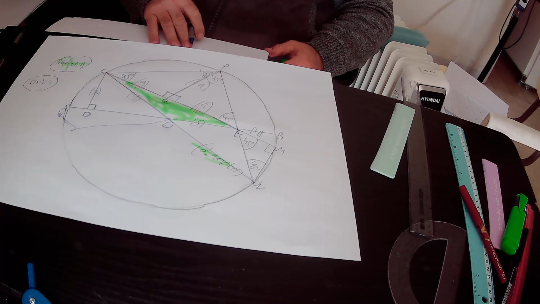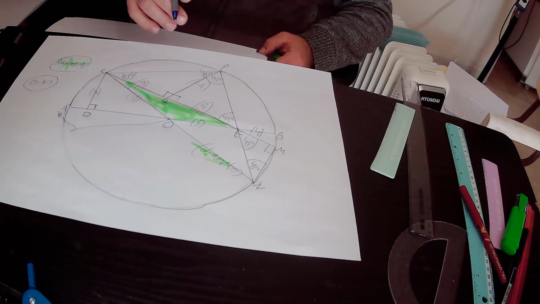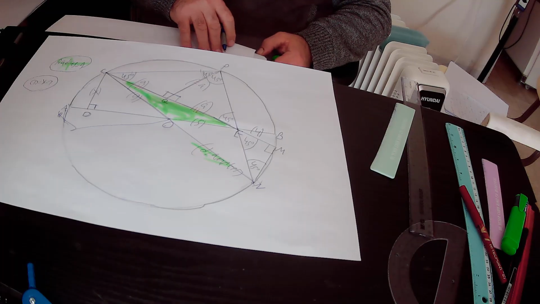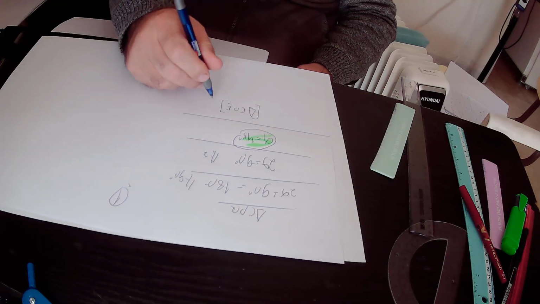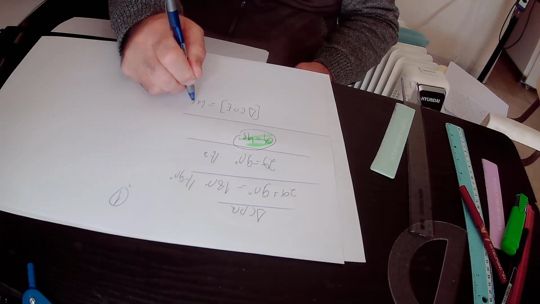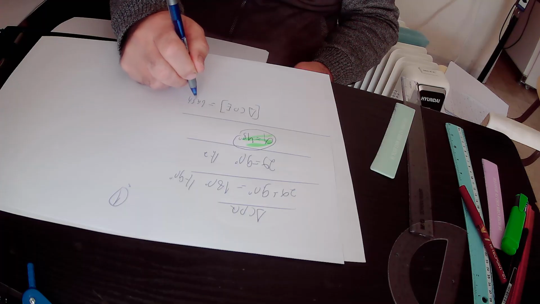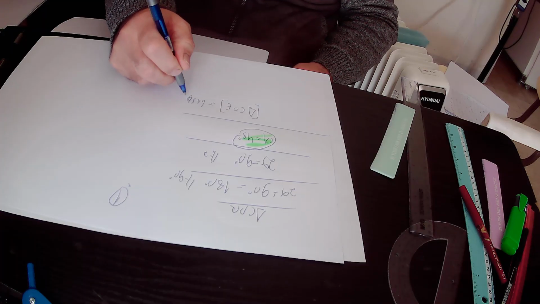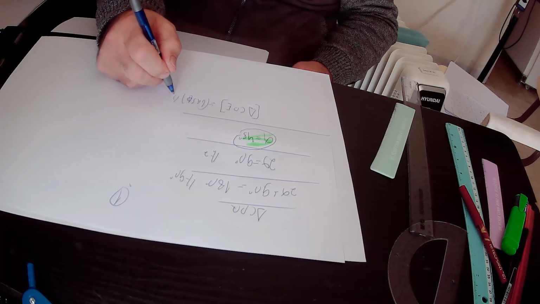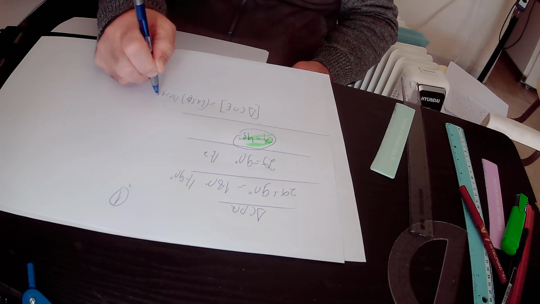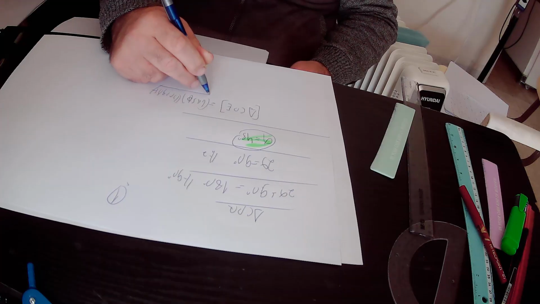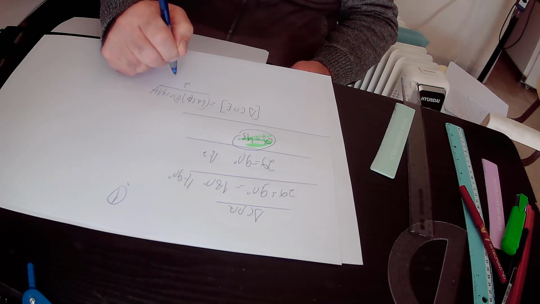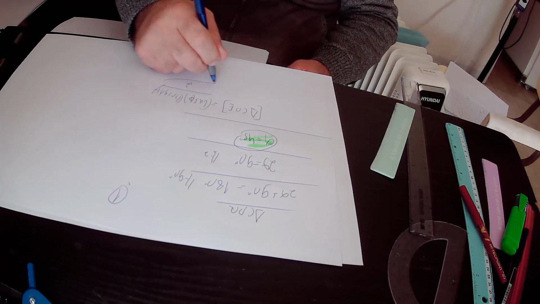Actually, we know that the area of any triangle equals the base of the triangle times the height over 2. Therefore, the area of the green triangle COE must be equal to the base of the triangle times the height of the base over 2. The height of the base must create 90 degrees with the base or with the extended base.